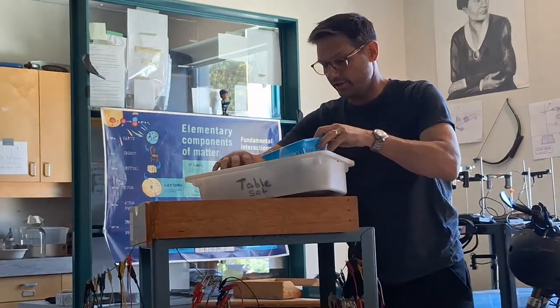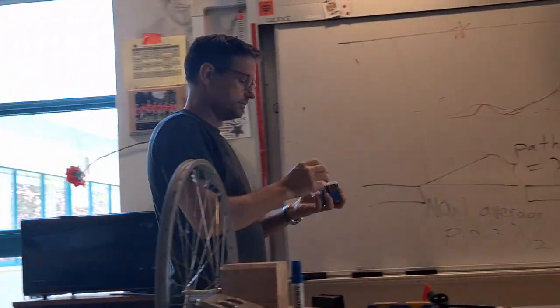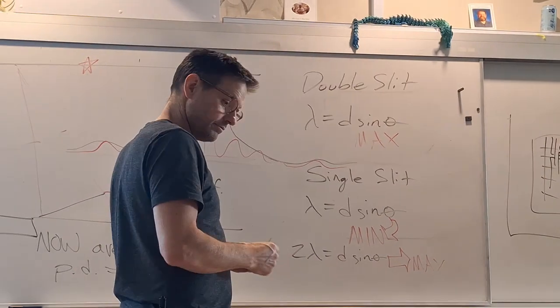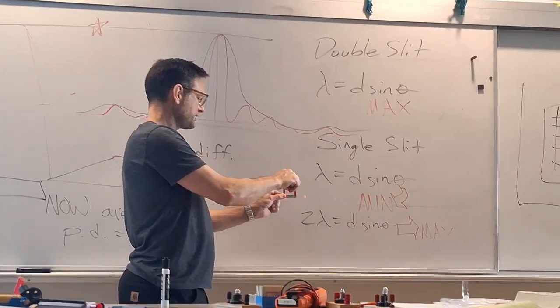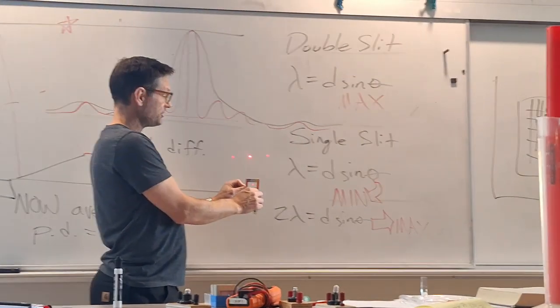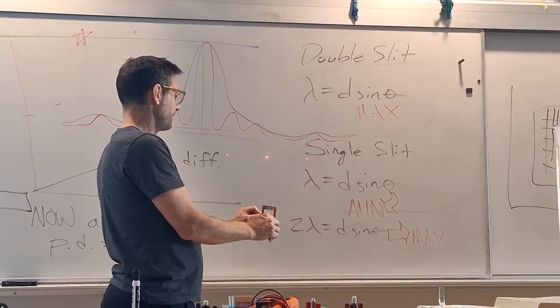So if we put a diffraction grating, where's my laser? So if you do this, you can see the dots there, right? In between is pretty dark. Is it pretty dark or completely dark?